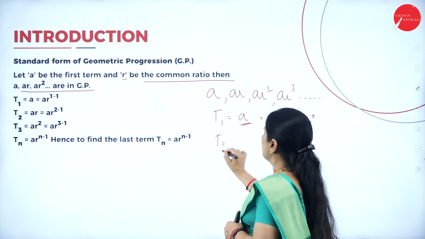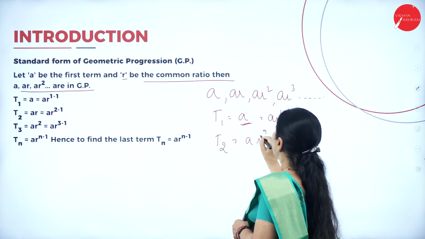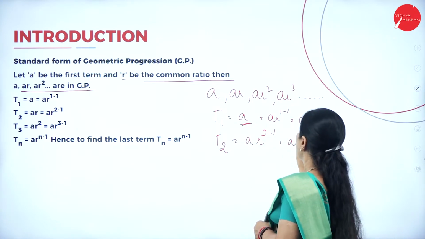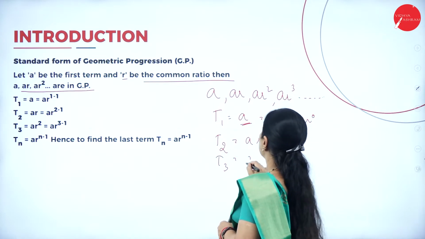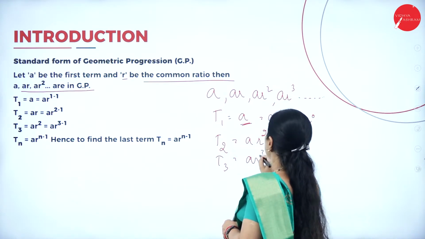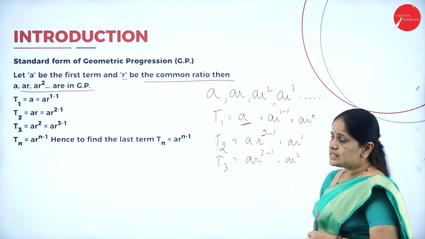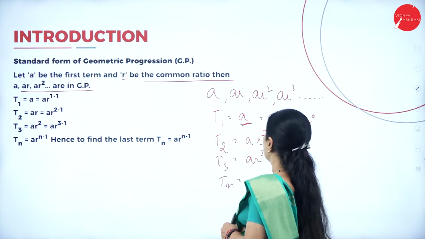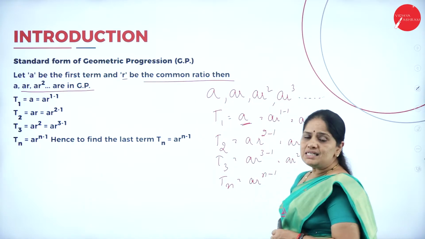Now if I want T2, I will write it as A into R to the power of 2 minus 1. So this will be A into R to the power 1. Then T3 will be A into R to the power of 3 minus 1, so A R square. In this way, if I write Tn, this will be A into R to the power of n minus 1.